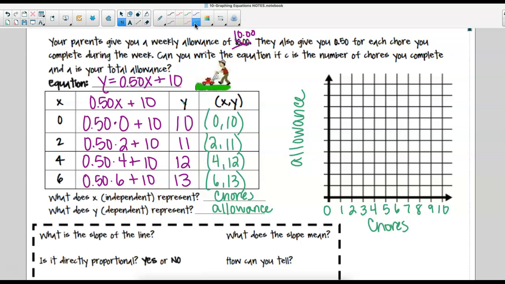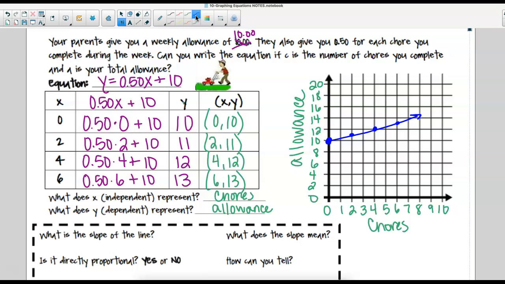For the allowance, let's count by twos. 0, 2, 4, 6, 8, 10, 12, 14, 16, 18, 20. All right, 0, 10. We have to graph the points. 0 chores, $10, put a dot there. 2 chores, $11. 4 chores, $12. 6 chores, $13.